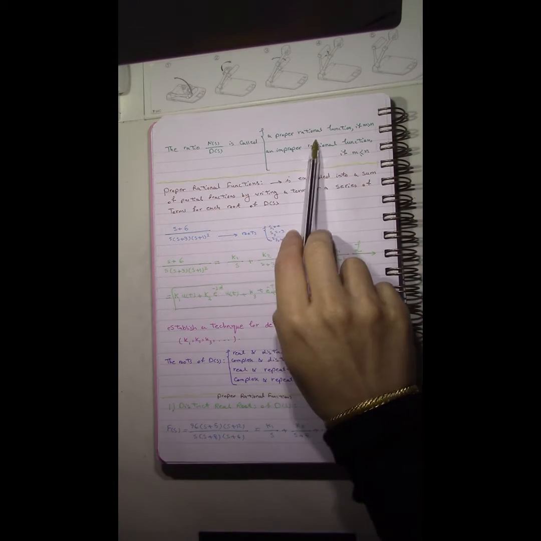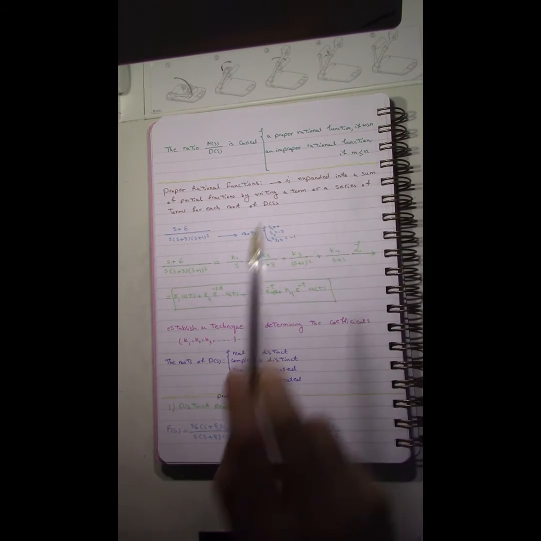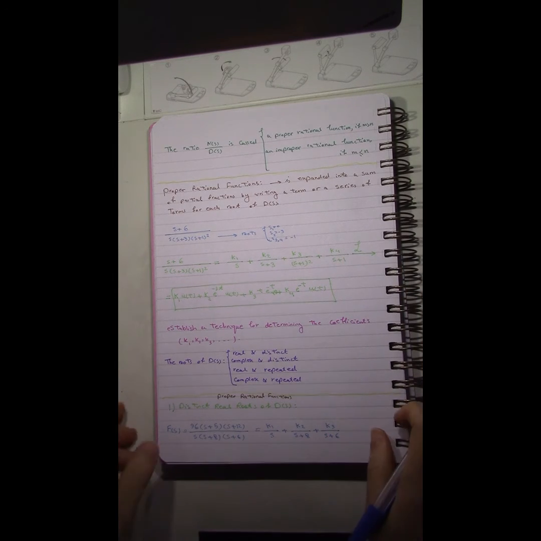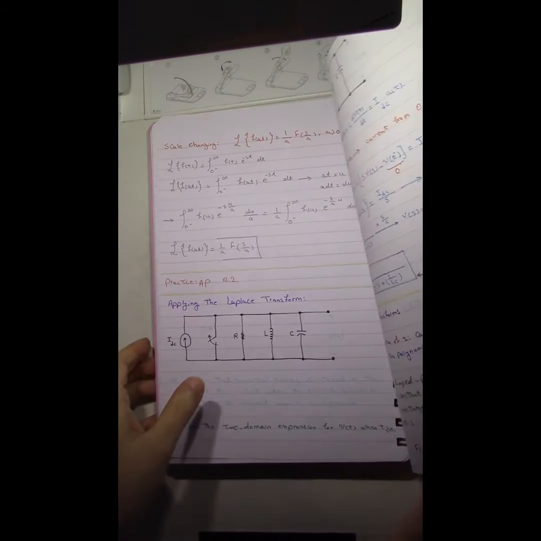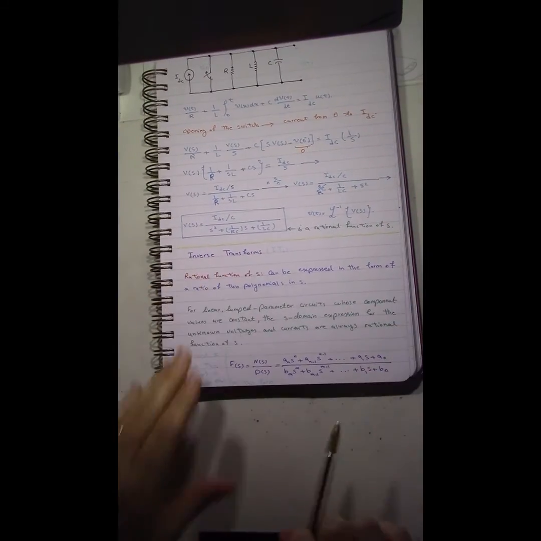Questions? So whenever I say I have a proper rational function, it means m is greater than n, the maximum order you see in the denominator.